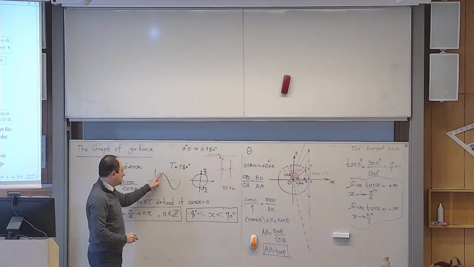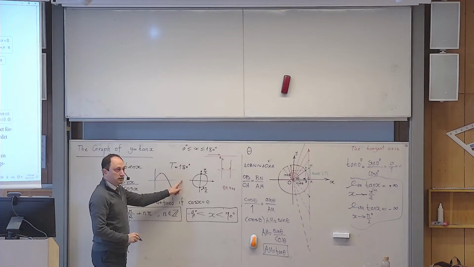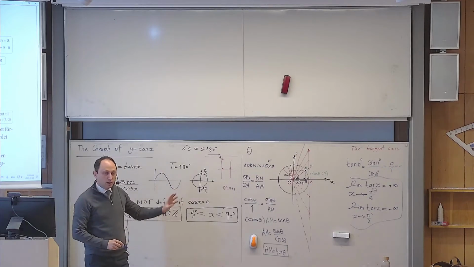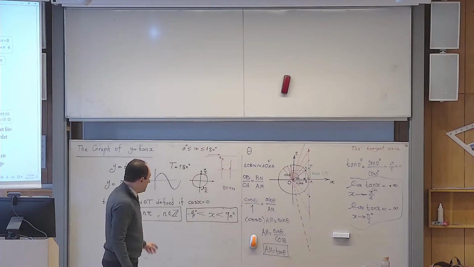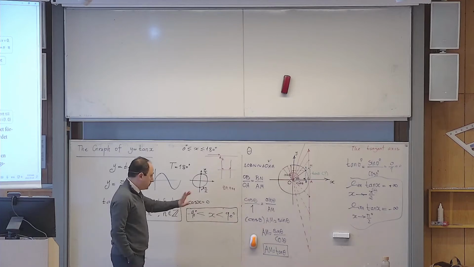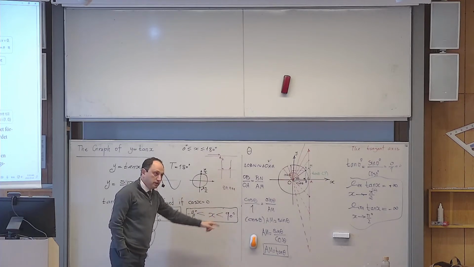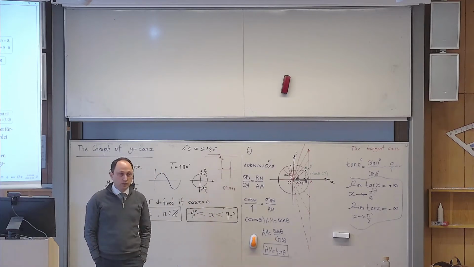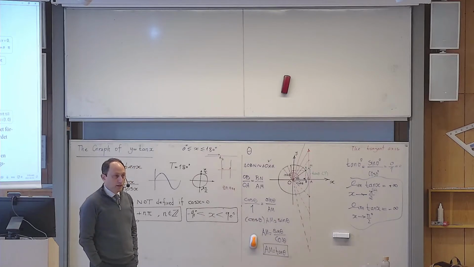So it is increasing here and here, and it is decreasing here. Okay? Do you think the same thing will happen for tangent in one period, on this period? Do you think the tangent will go up and down, or will it continuously go up or continuously go down?